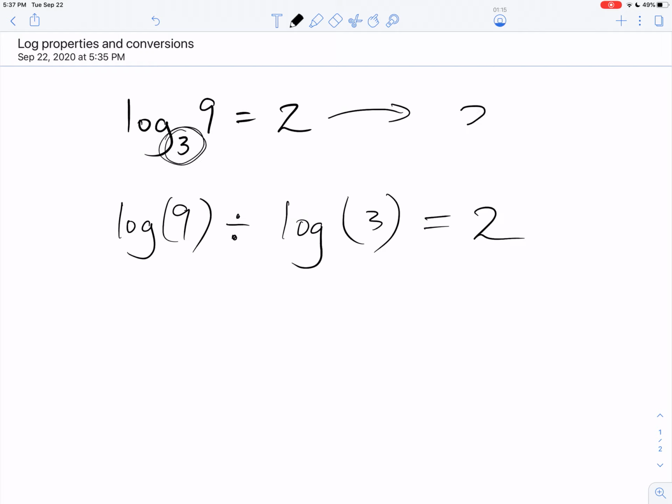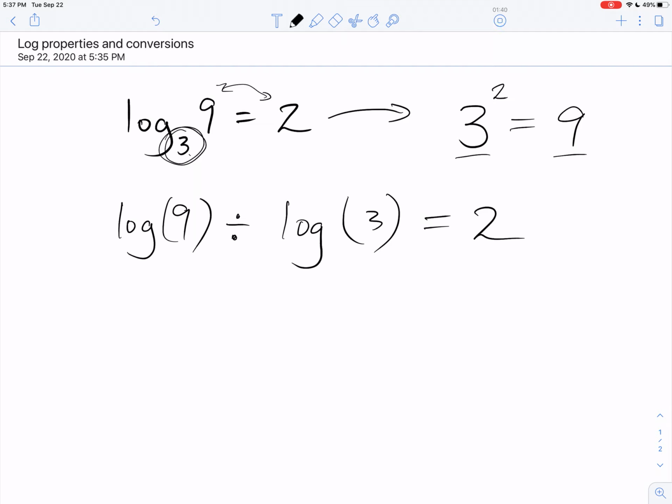So in either format, the base will stay the base. What's going to happen next is I'm going to interchange these two values. So I'm going to put a 2 here and a 9 here. 3 squared is equal to 9 is the exponential version of log base 3 of 9 equals 2.